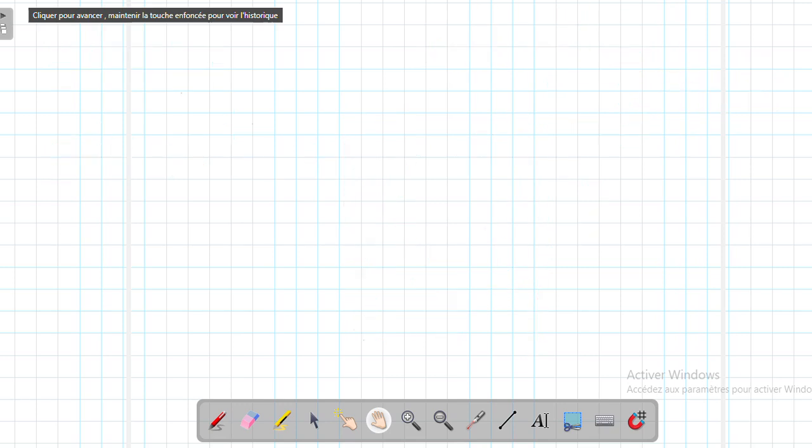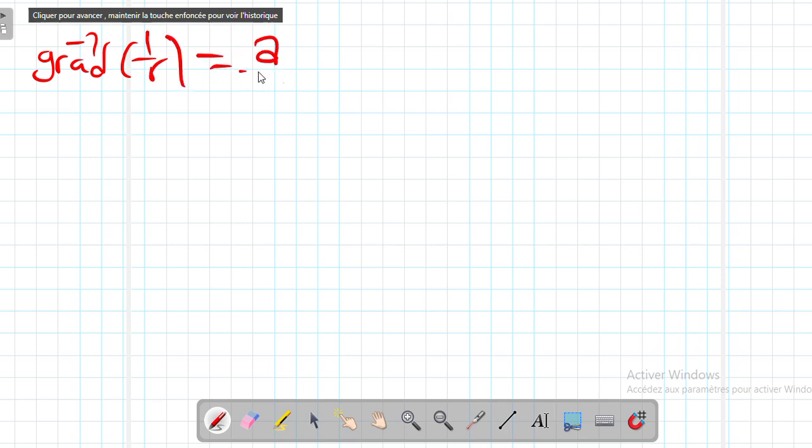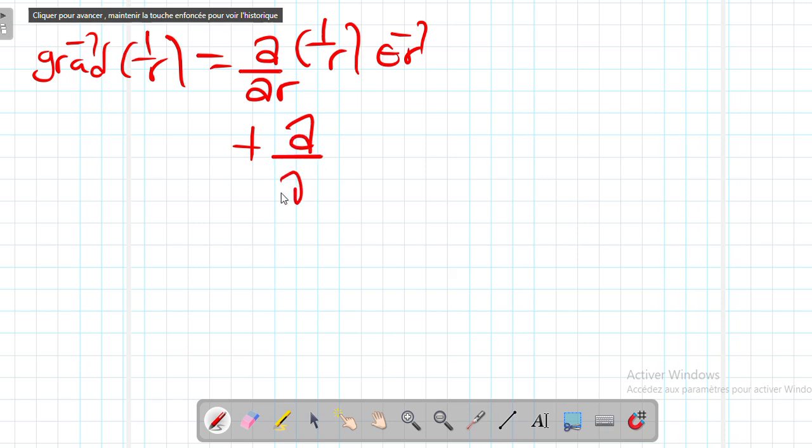So your formula will be the gradient of 1 over r, which will be the partial derivative with respect to r of my 1 over r, in the direction of er, plus the second component, the partial derivative with respect to theta. Theta is the second unit vector.